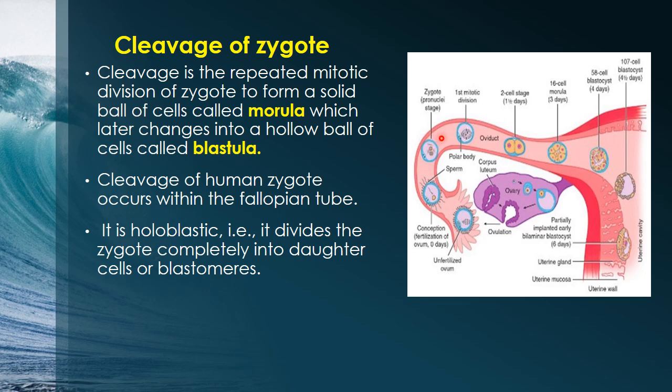So it forms first a 2-cell stage, the 4-cell stage, the 8-cell stage, and then a ball of cells, which is called the morula, and then a fluid-filled cavity, which is called the blastula. The cleavage of the human zygote occurs all in the uterine tube or the fallopian tube, and it is holoblastic, that is, it divides the zygote completely into the daughter cells or the blastomeres.